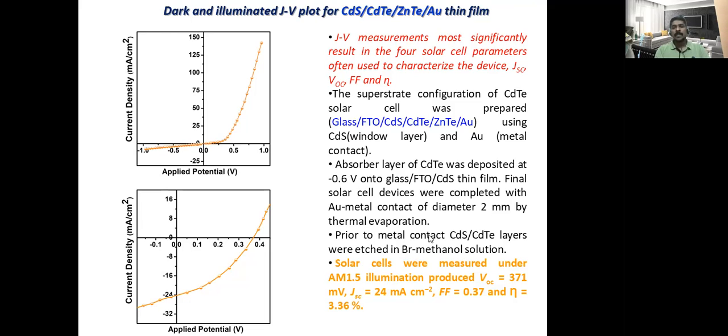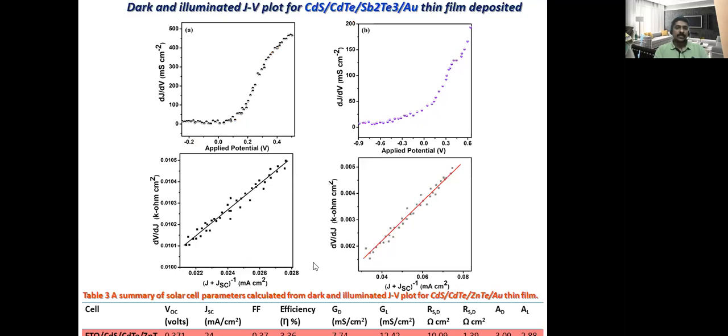According to this graph, the VOC, JSC, fill factor, and efficiency are tabulated in this table, and at the initial stage, the efficiency of the solar cell is 3.36%. Then the diode equation is used to calculate the shunt conductance, series resistance, and the ideality factor for the solar cell structure.